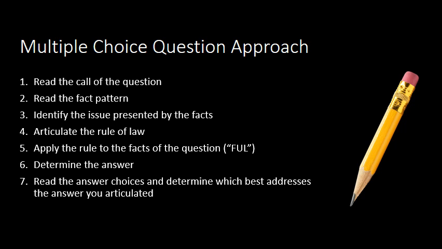So chances are they're all going to look pretty good. What you need to do is determine the answer first, so that way you're not swayed by the answer choices. Of all the things you can take from this lecture, I think that that's the most important thing.